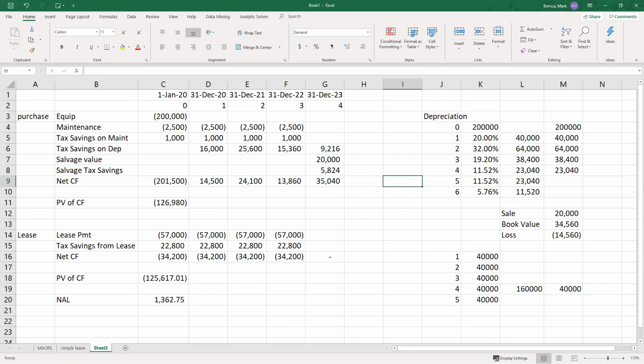How are we doing on that one? That makes sense? Everybody following? Got one last little thing to do with lease. And it's got to do with the NAL. So if we're good with that, like I said, I'll send you the file so you can look at it.